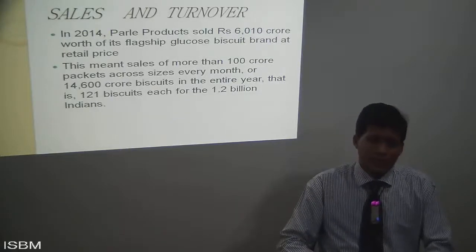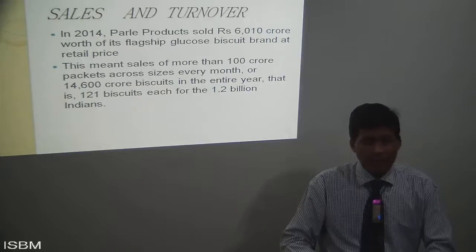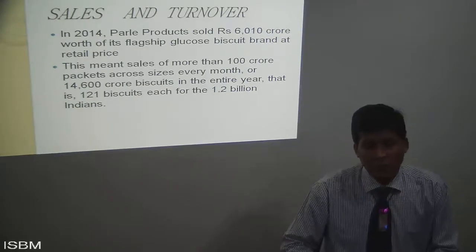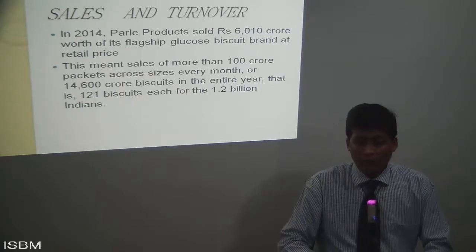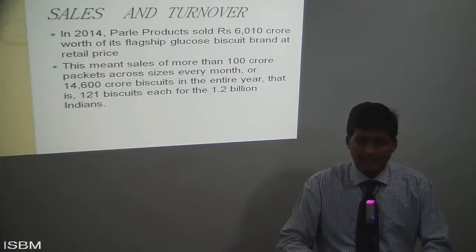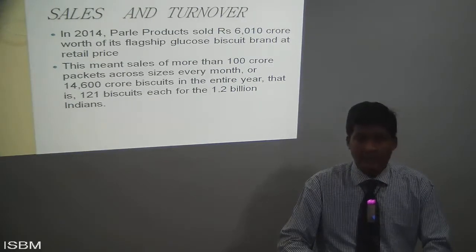Sales and turnover in 2014, Parle products sold. When we say Parle products, we are referring here only to the biscuit and confectionery. They sold close to 6,000 crore worth of the flagship glucose biscuit brand at a retail price. 6,000 crore only of their Parle G flagship brand.